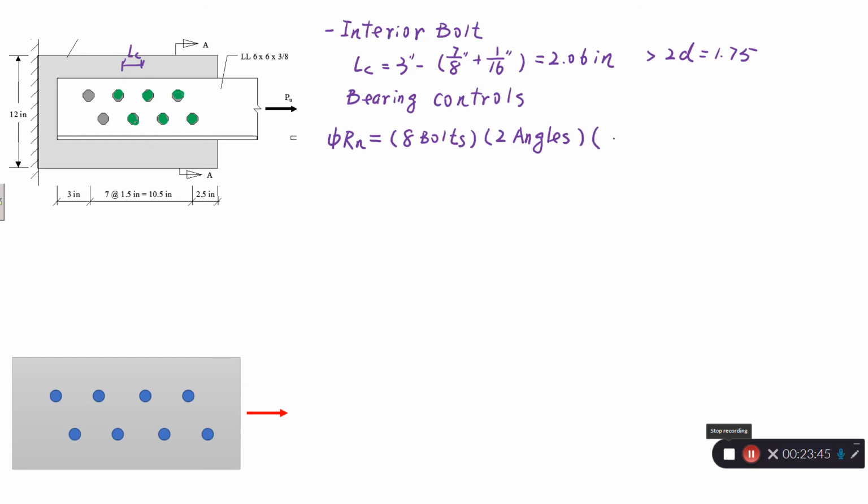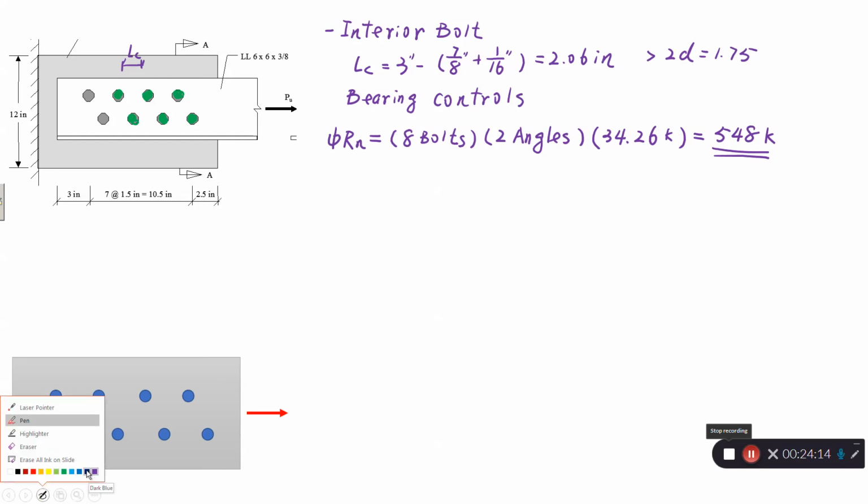And the capacity for one bolt is 34.26 kips. And I got a number 548. This is pretty big, this is not controlling. All right, and that's the bearing and tear out capacity for the double angle.